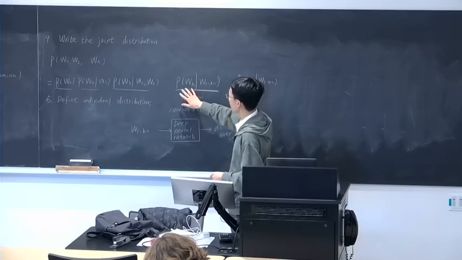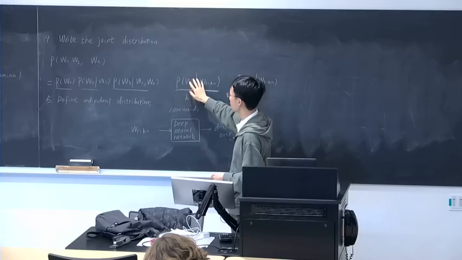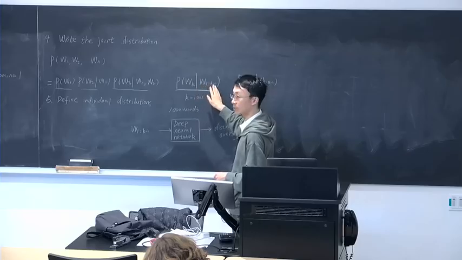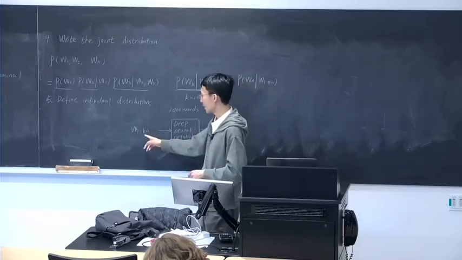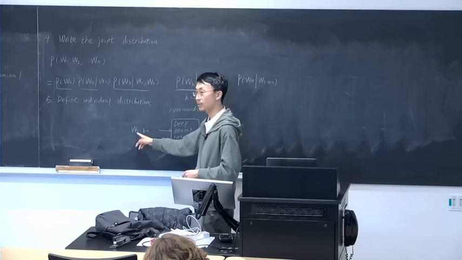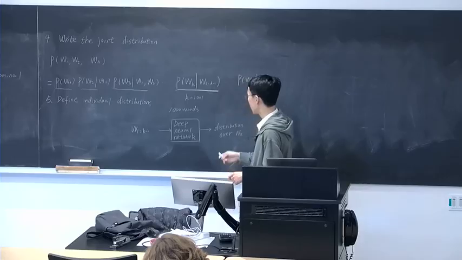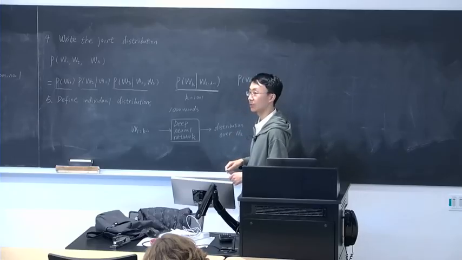Right, so just to reiterate, we want to define a distribution for this guy here, WK, conditioned on W1 to K minus 1. It is very complicated, so we are going to use a deep neural network to do it. The input to the deep neural network is the parents, so it's basically W1 to K minus 1. The output would be a distribution over WK, the current word.